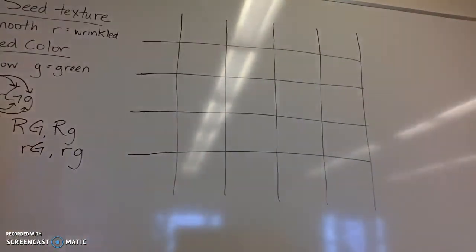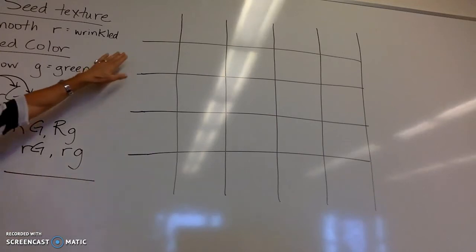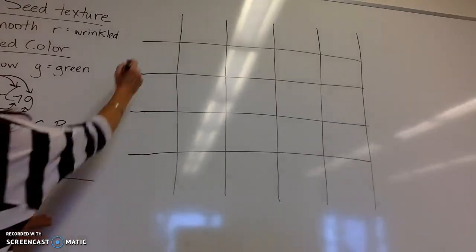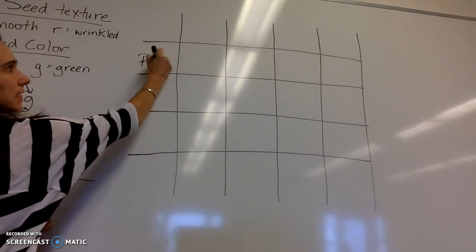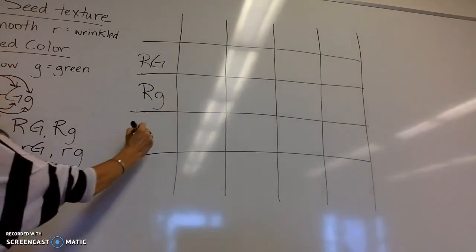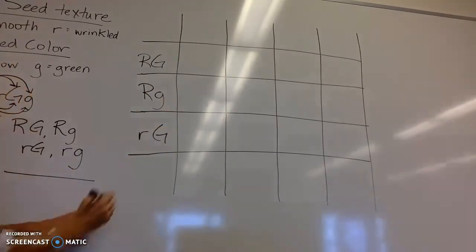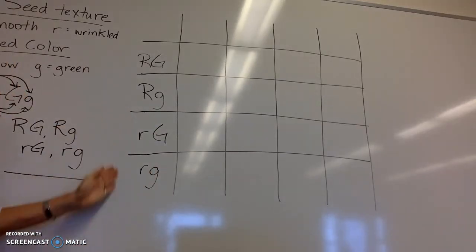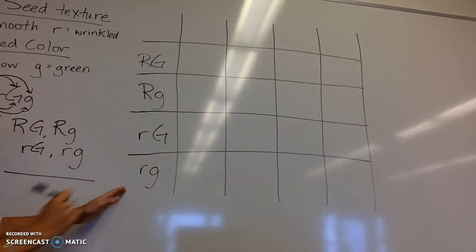And we're going to take these gametes that we just figured out here and plug them in along the outer boxes of the Punnett square. Now remember, both of the parental plants have the same genotypes. So it means these gametes are going to be the same along the side and the top of the Punnett square.